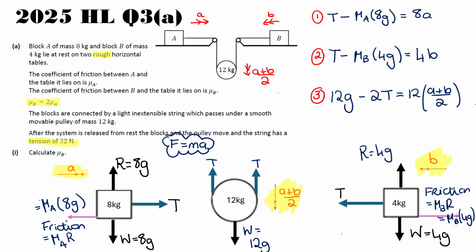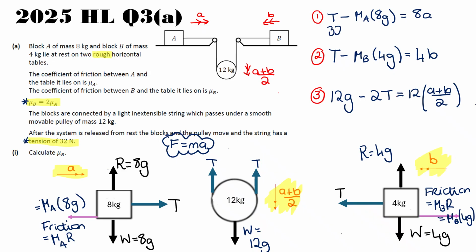Now what we're trying to find is mu B. But remember that they actually gave us 2 bits of information that we can use to help tidy up a little bit. That is mu B is 2 mu A, and tension is 32. So let's put in the tension.